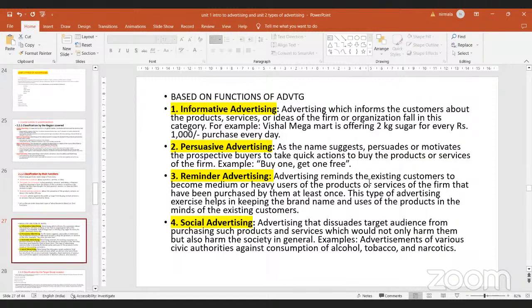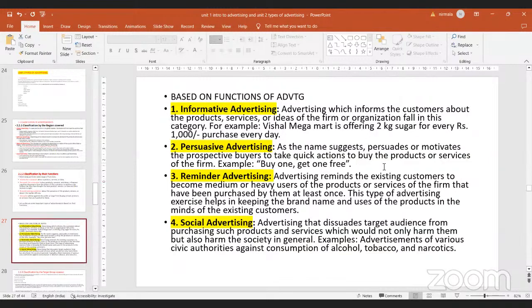So, informative advertising informs the consumers about the products, services, and ideas a firm or an organization would go for advertising to inform their promising consumers or the target groups.